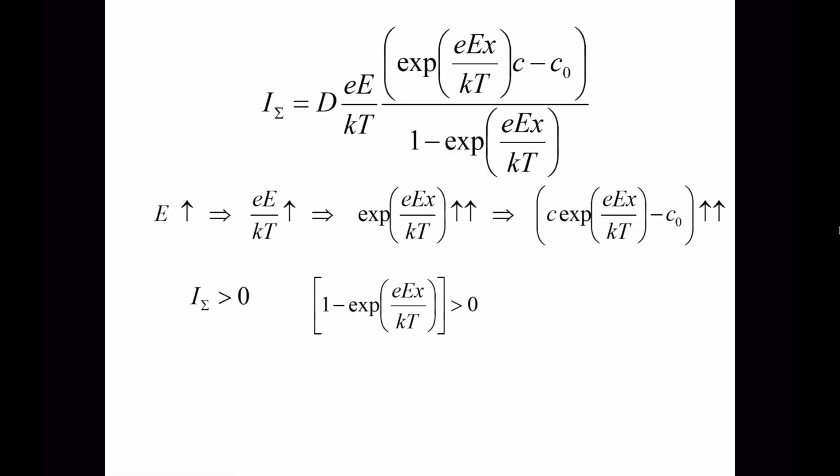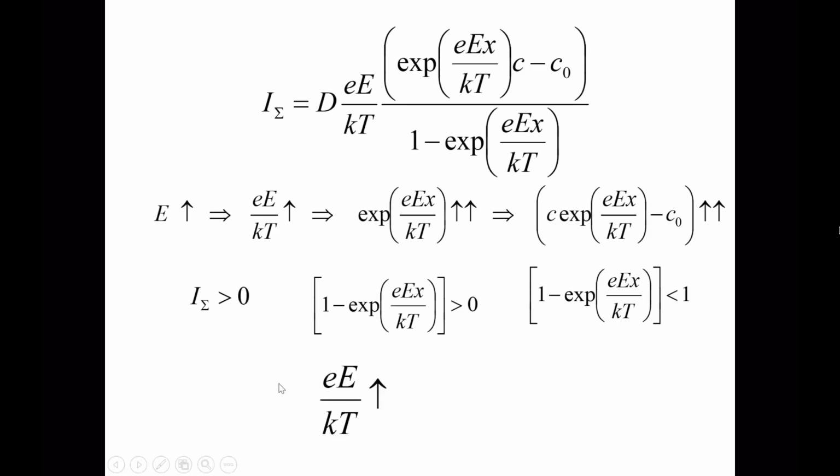So this one must be equal to unit or more than 0, and this means that this can't be larger than unit. So in this case, if we increase this one, from this we have that the total current, the total flow, increases very strongly because of this exponent, and definitely because of this too.